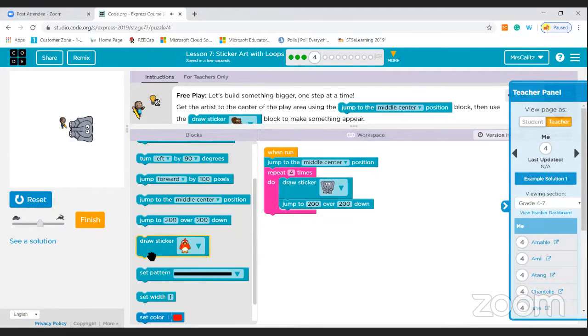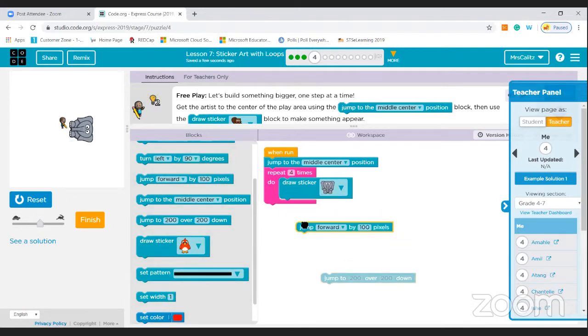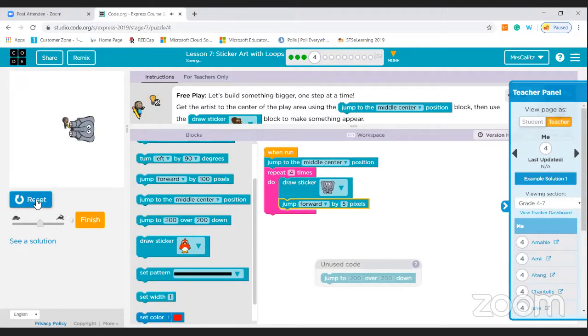But why didn't it want to jump? Because I probably need to jump forward, because I am at 200 by 200 pixels already. So let's do it this way. So now, yes. Can you see now I'm making the shadows of the elephant.